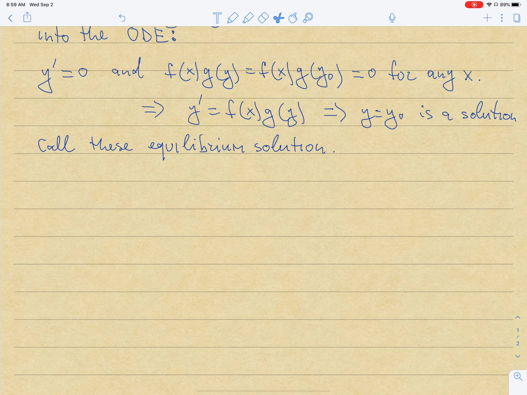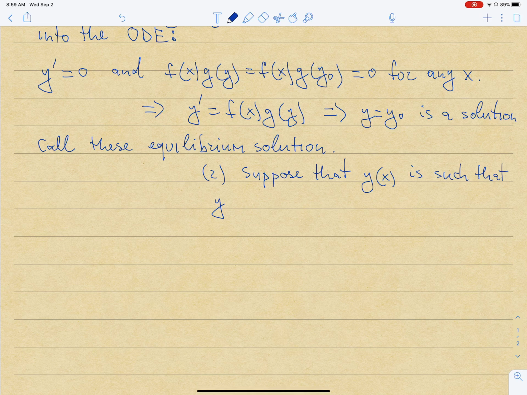Second possibility. So now let's suppose that y of x is such that g of y of x is not equal to 0 for any x.